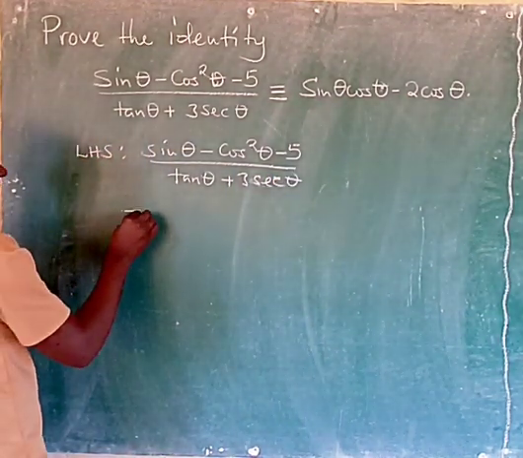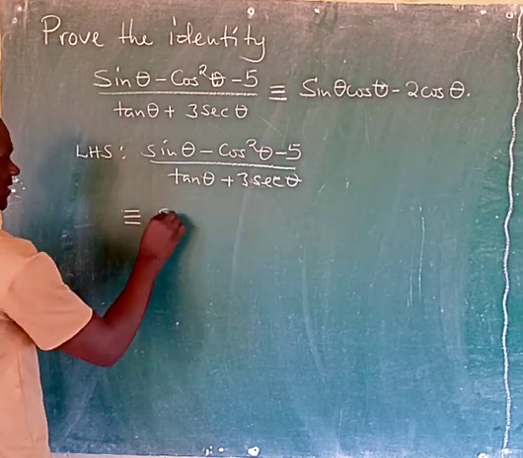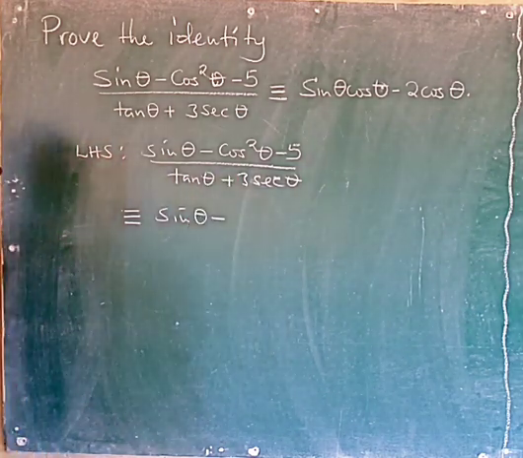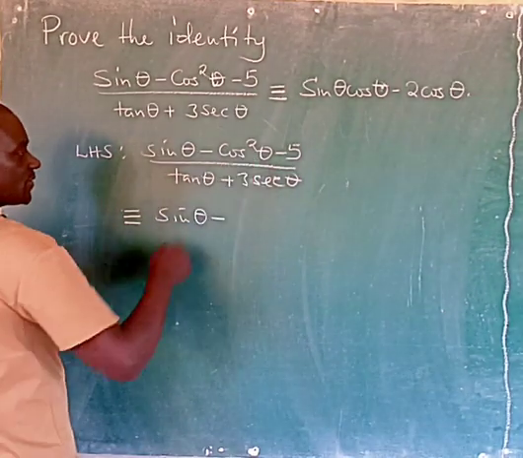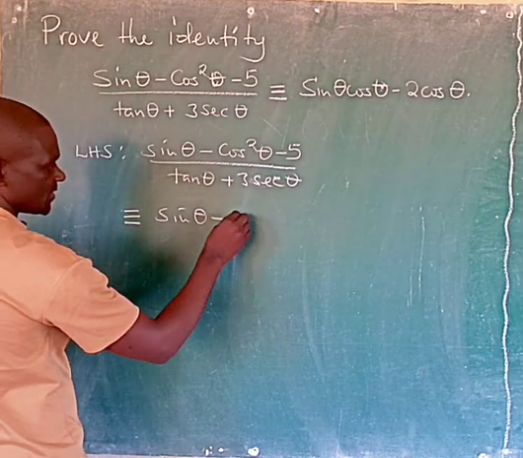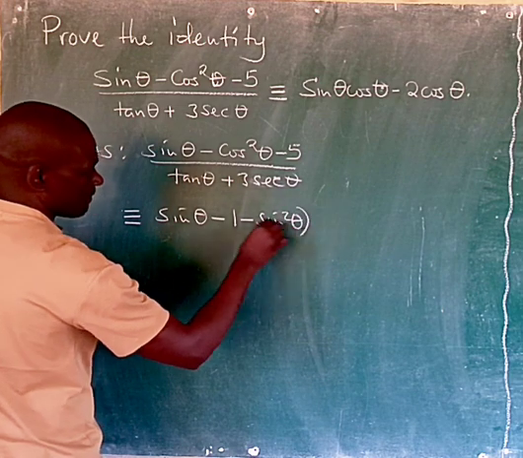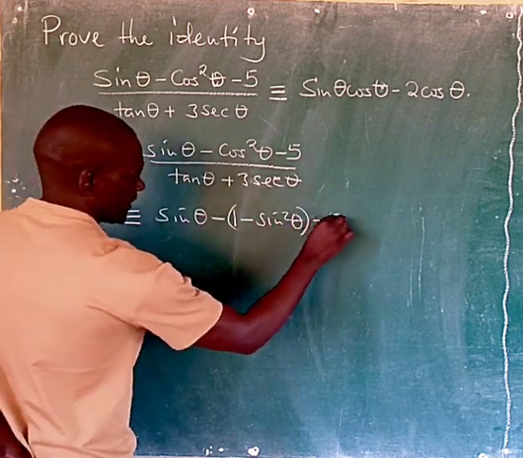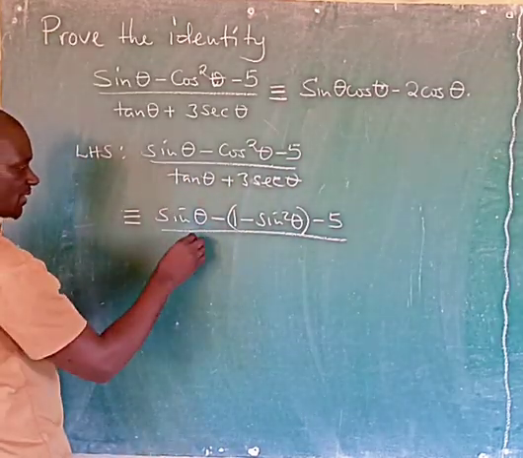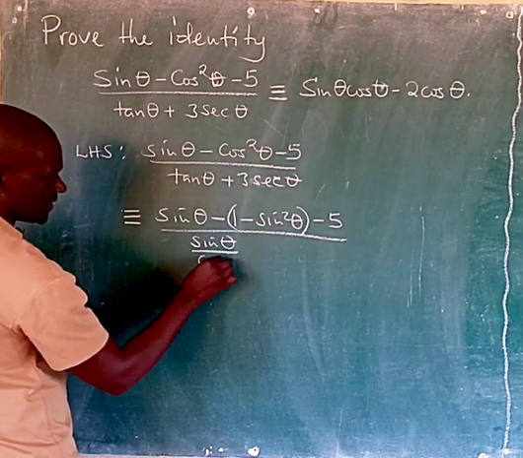So what we can do, let's just change a few things. We have sine theta minus cos squared theta. We can bring in an identity for this one. We know that this is the same as 1 minus sine squared theta, then minus 5, divided by tan theta, which is the same as sine theta over cos theta.